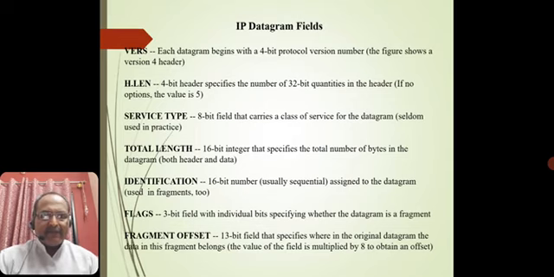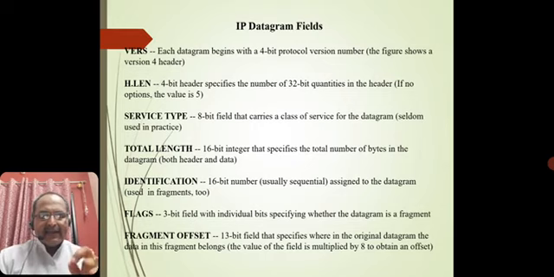Now the IP datagram fields. As I said, each datagram begins with a 4-bit protocol version number. It shows version 4 of the header. Each time, we can easily identify in a synchronous mode what type of version the IP datagram is carrying.